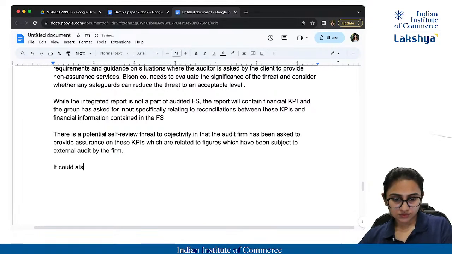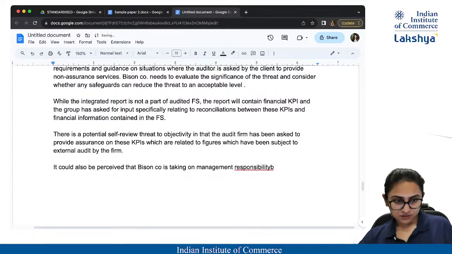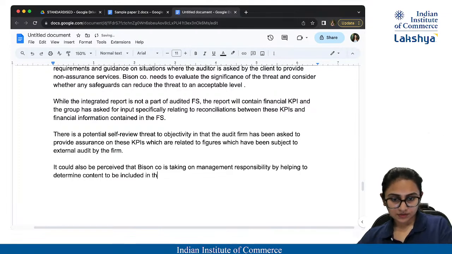It could also be perceived that the same company is taking on management responsibility by helping to determine content to be included in the integrated report, which is a threat to objectivity.